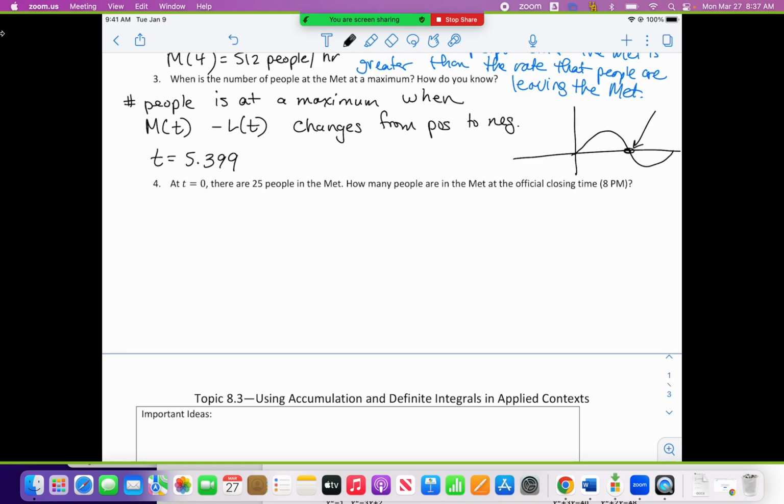Think about the times where people are entering, the times when people are leaving. They're not necessarily all of the same times. So let's see if somebody can come up with an integral or integrals expression with that initial amount.